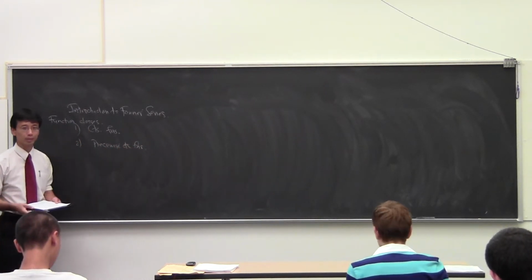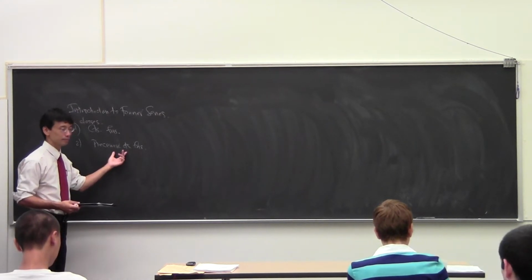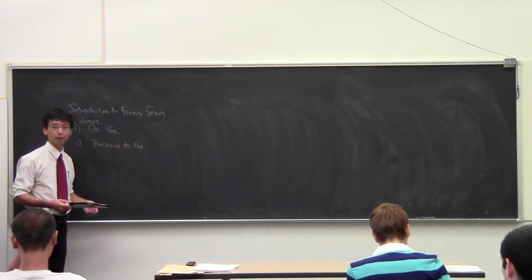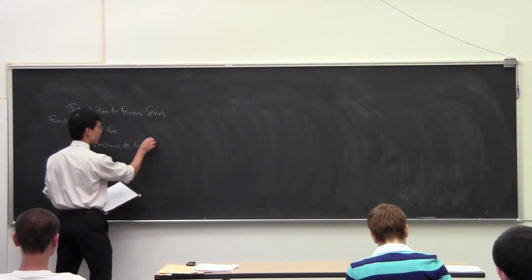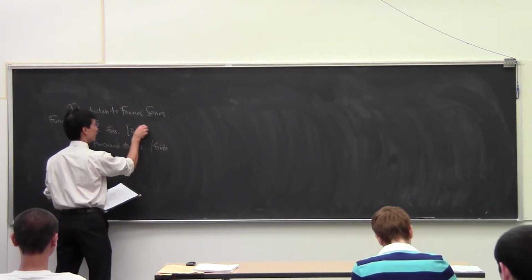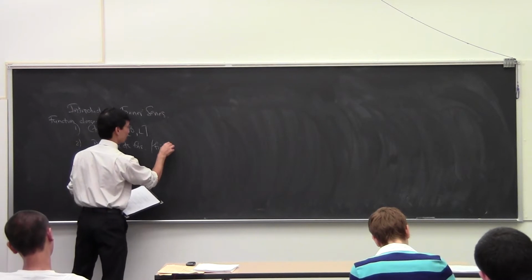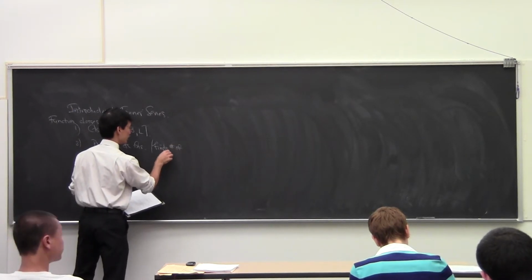You all know what piecewise continuous means, right? It means that it has a finite number of discontinuities. And for now we are on a finite interval, so finite number of discontinuities.